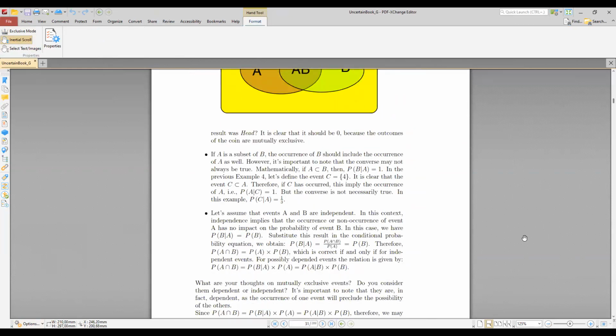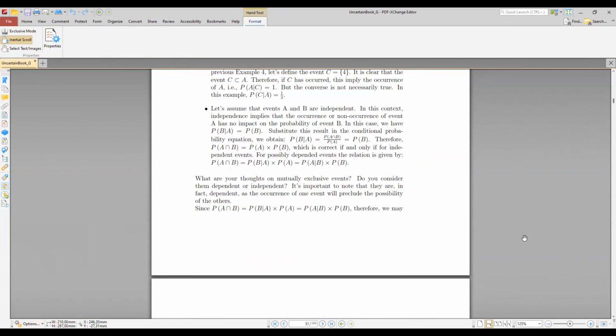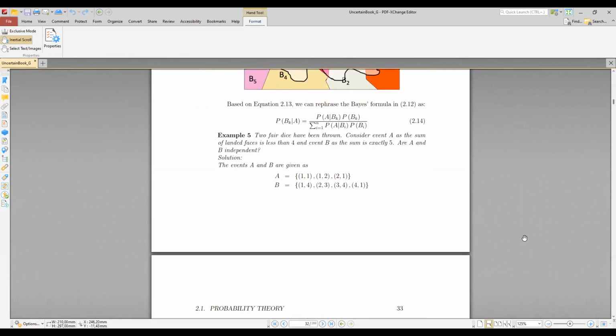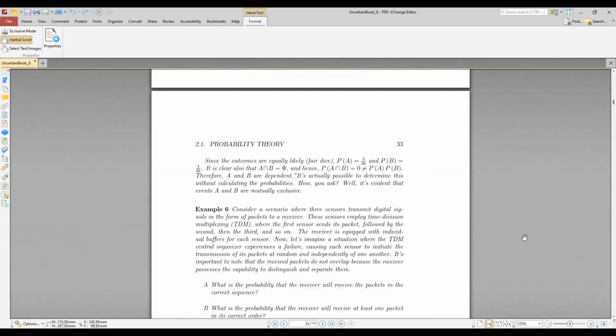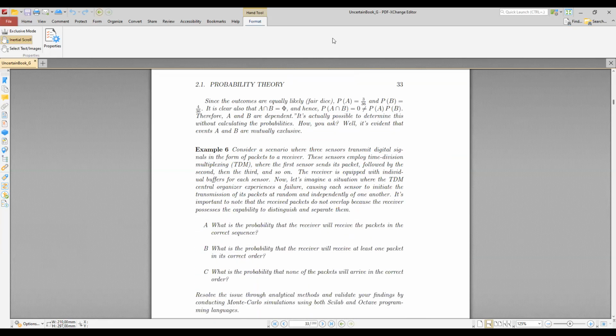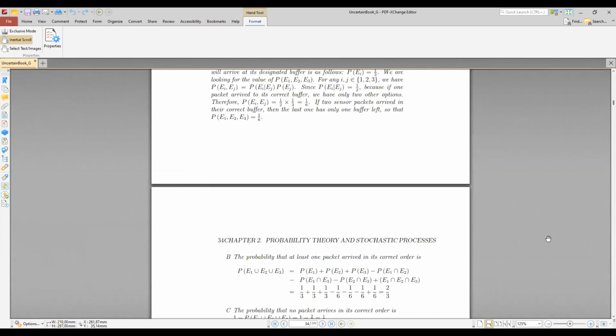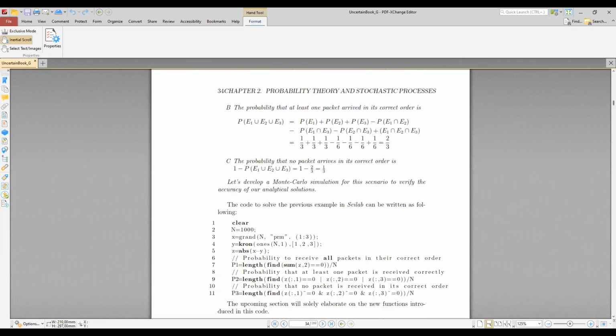This is what I was explaining today. Okay, some more examples. There is one example here. It is already also given in the slides, but it is explained here in detail. And then also the code, how to solve this example.